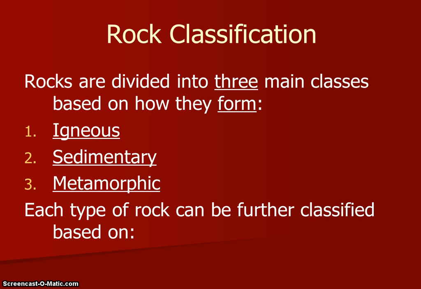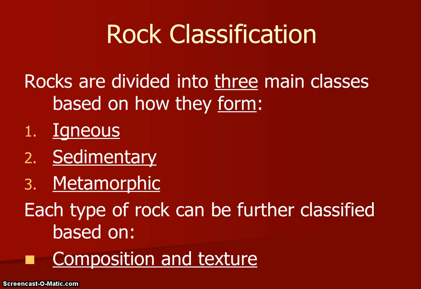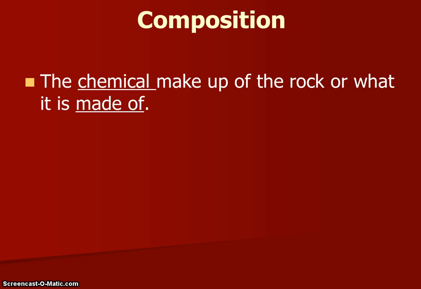Now, each type of rock can be further classified based on composition and texture. Remember, composition means what the rock forms from. And we're going to discuss texture in many different ways during this rock chapter. So composition.